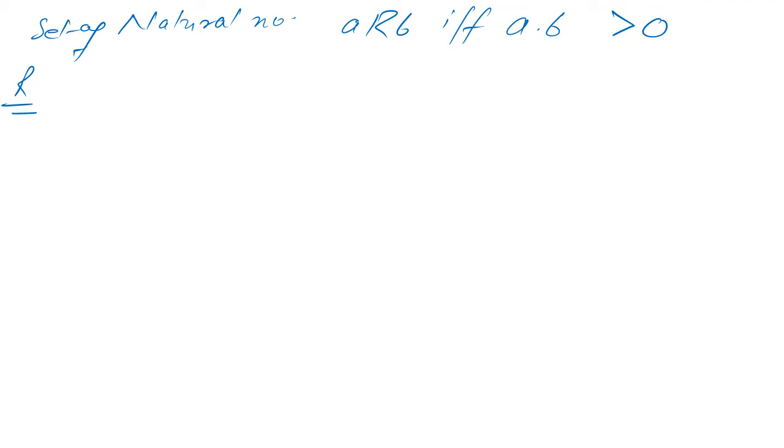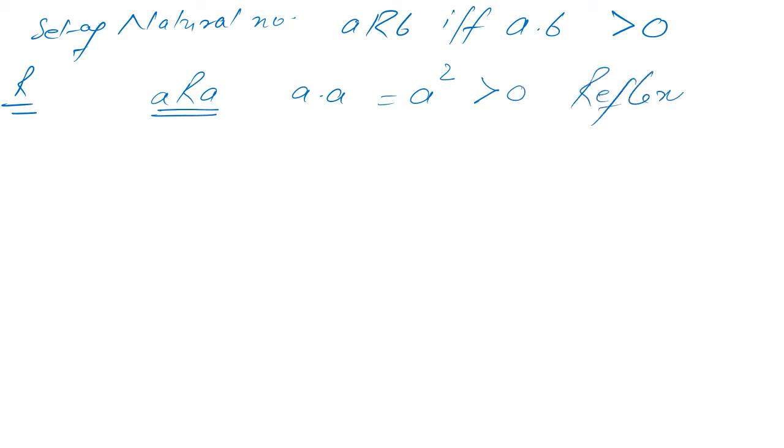So if I take any element A, A related to A means A dot A, which will be equal to A square, and the square of a natural number will always be greater than 0. So it is a reflexive relation. For any natural number, the square of that natural number will be greater than 0, so every natural number is related to itself.